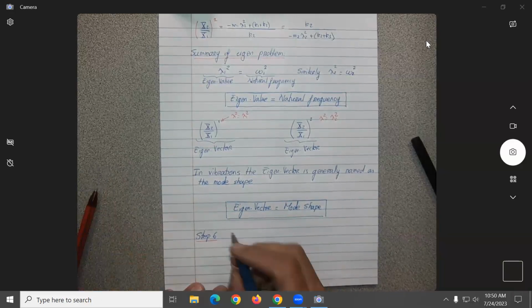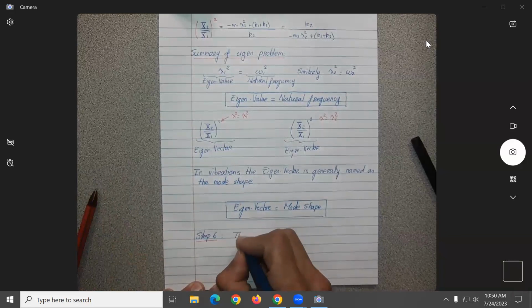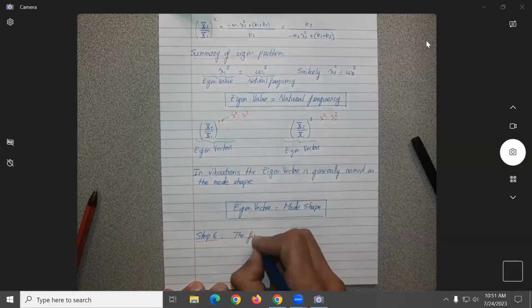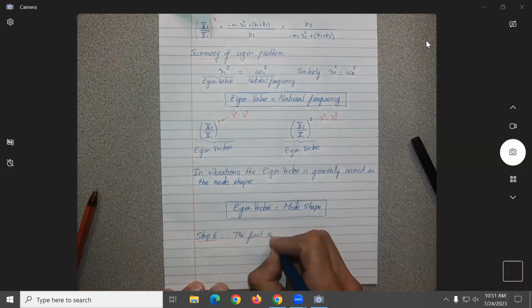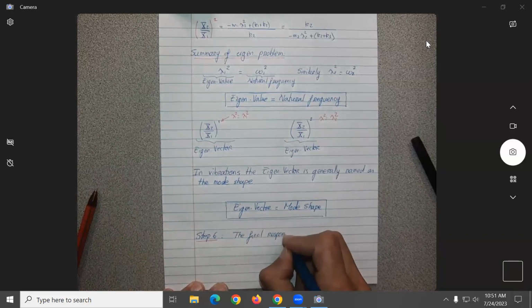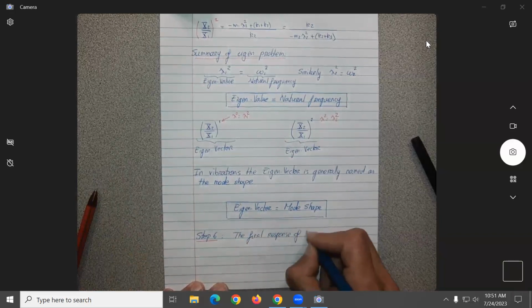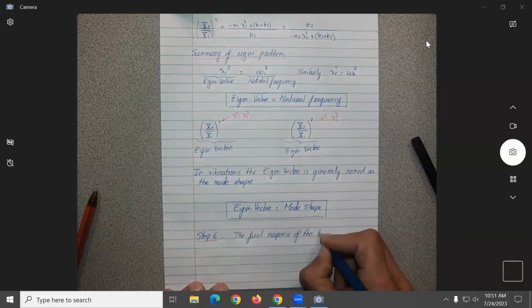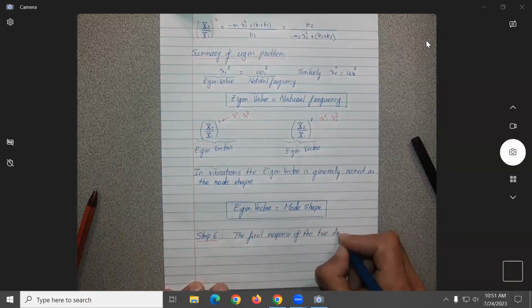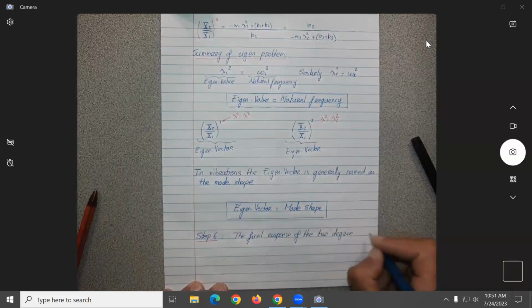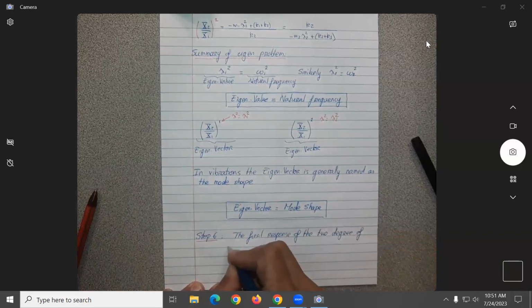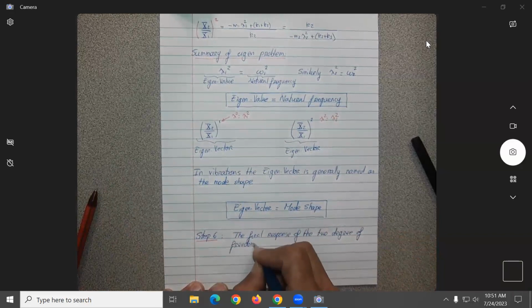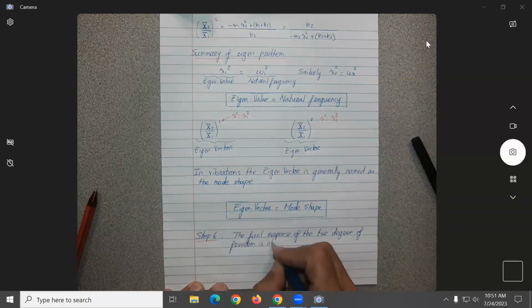Okay, so the final response of the 2 degree of freedom is obtained by doing what?